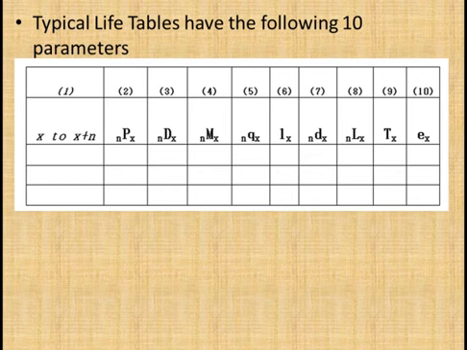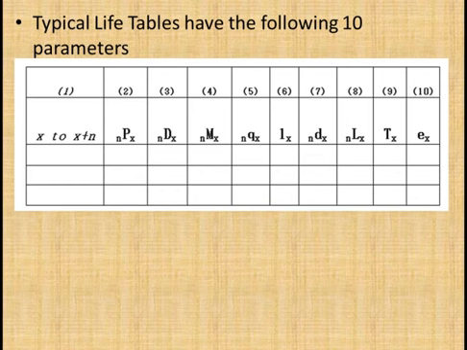We have Tx, the number of years lived at age x and all other ages. And finally, we have ex, which is the average years remaining at age x. In other words, that's the measure of life expectancy.